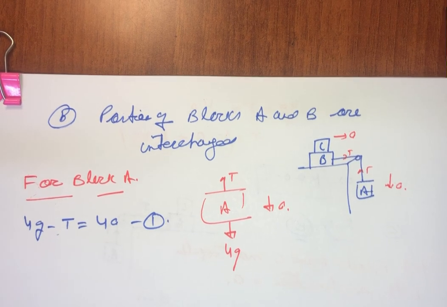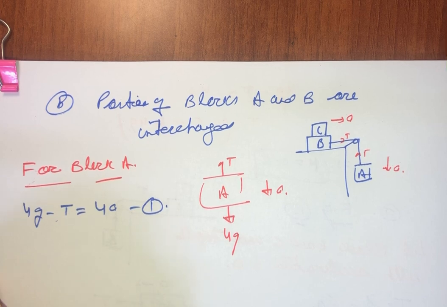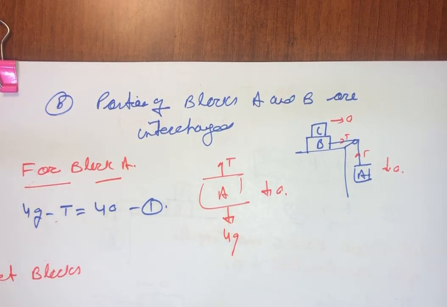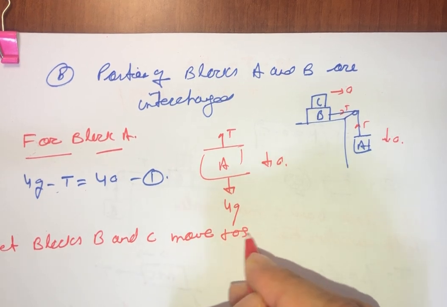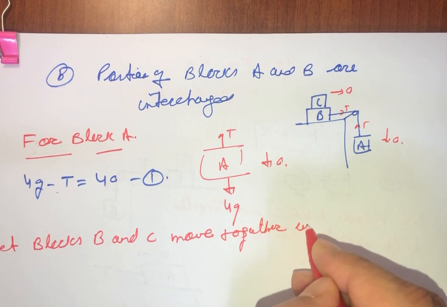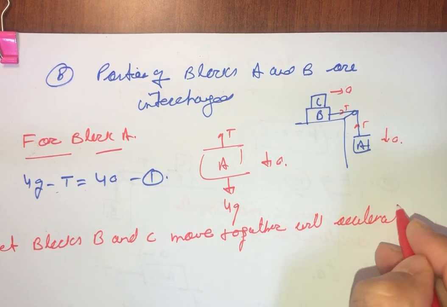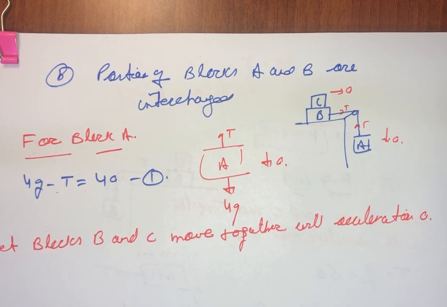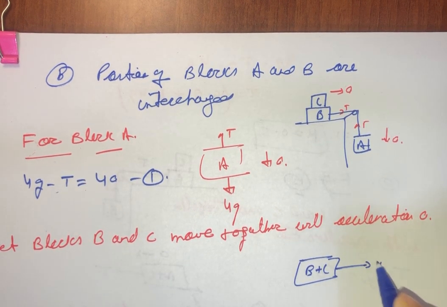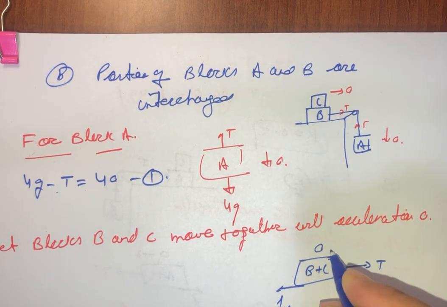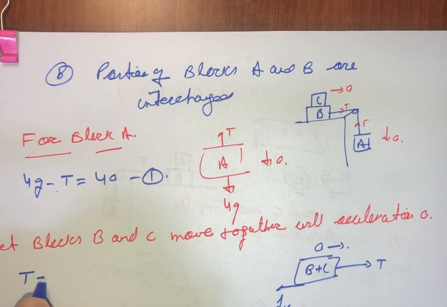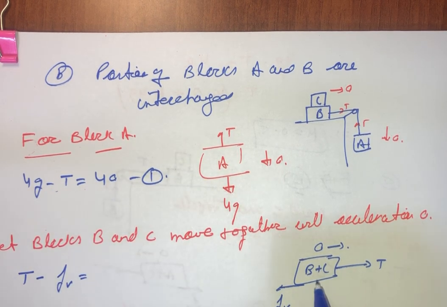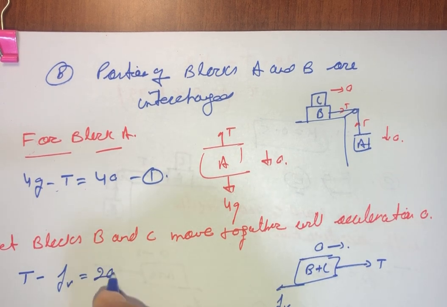Let blocks B and C move together with acceleration A. So for B and C combined, we have tension T, friction FR, and they move with acceleration A. So we can write the equation T minus FR is equal to, B is 2 and C is 2, so this will be 4A.